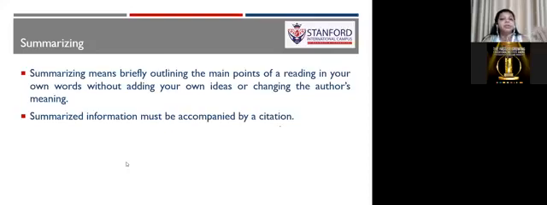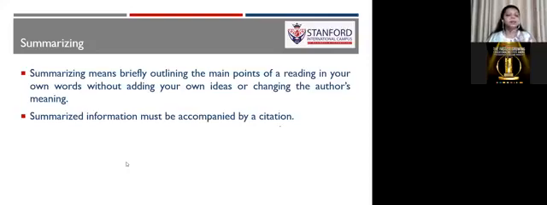But remember, you cannot add the words of other people and you cannot add your own ideas, or else you are not permitted to change the author's original meaning. So this is the first thing that you need to remember when you are talking about summarizing.